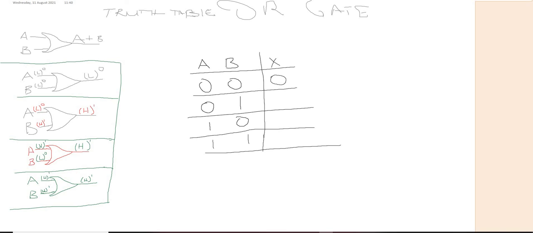You don't have to be confused about this. The output of 0 and 1 is 1. And the output of 1 and 0 will be 1 again. The output of 1 1 will be 1 again. So this is basically like this.